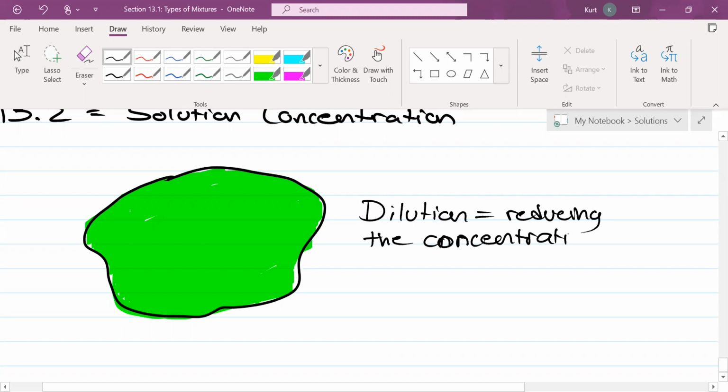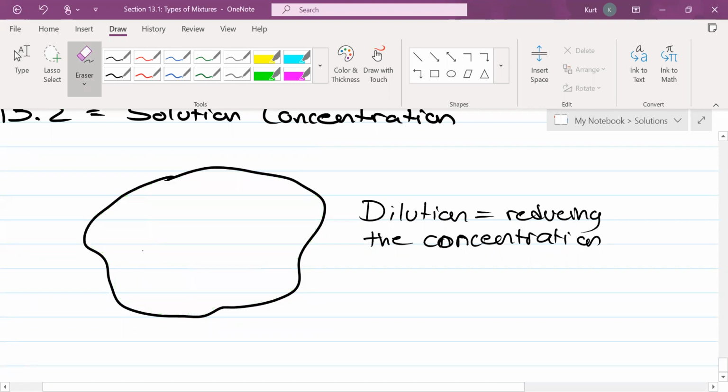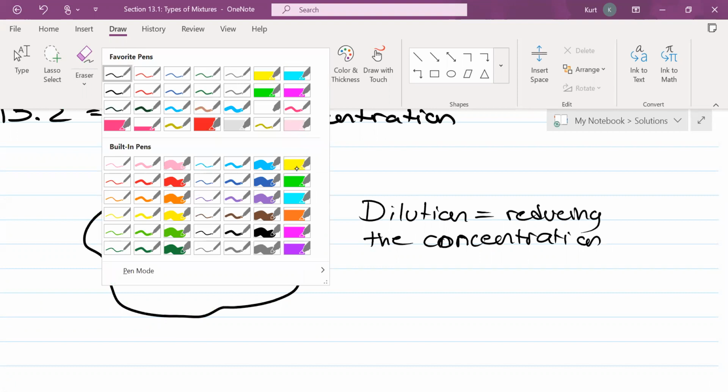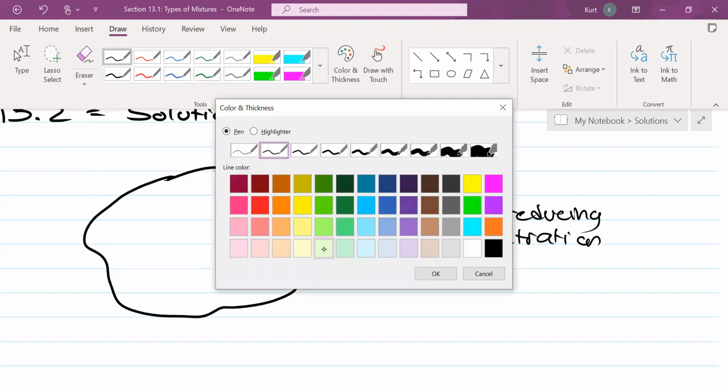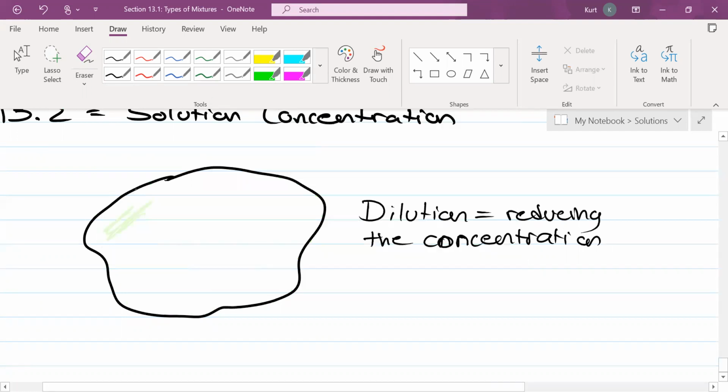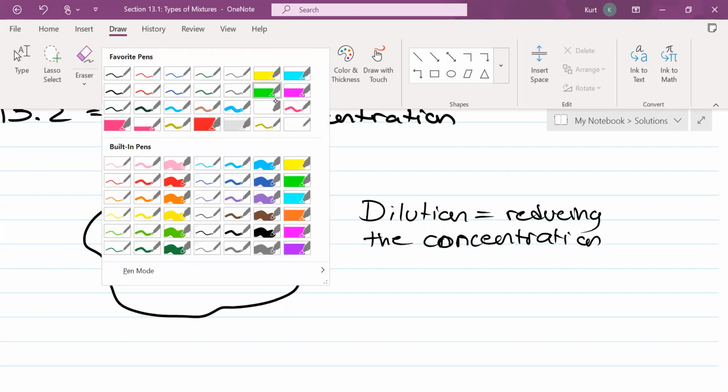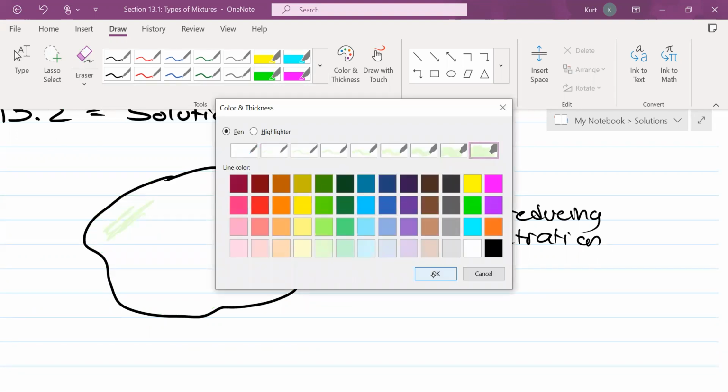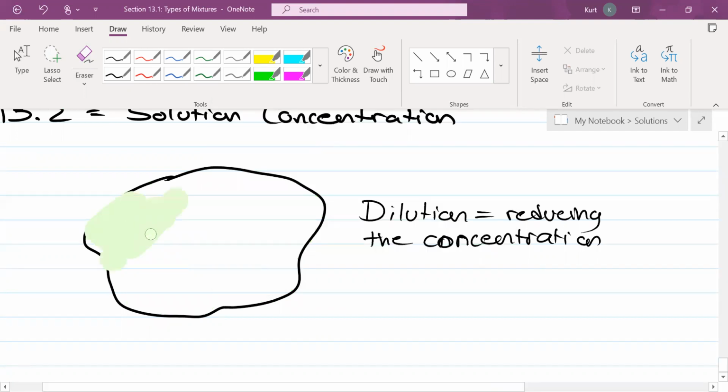So if I diluted it, Kevin, what color do you think it would be? It would probably be not as much of a potent green color as it was before. So maybe it might look something like this. See if I can get the right shade here. It probably will look something like this.